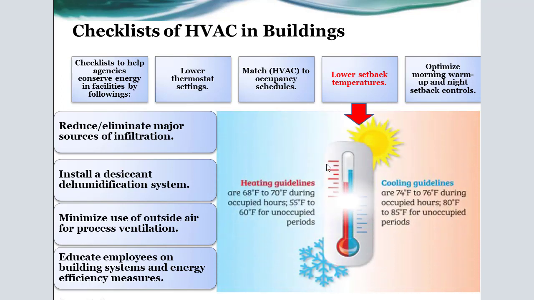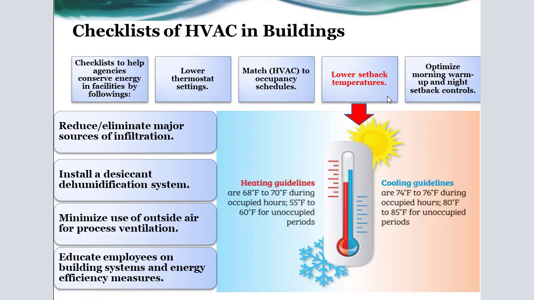As we see in this figure, there are two types of setback. Heating guidelines are 68 to 70 degrees during occupied hours and 55 to 60 degrees for unoccupied periods, and for cooling, guidelines are 74 to 76 during occupied hours and 80 to 85 for unoccupied hours.